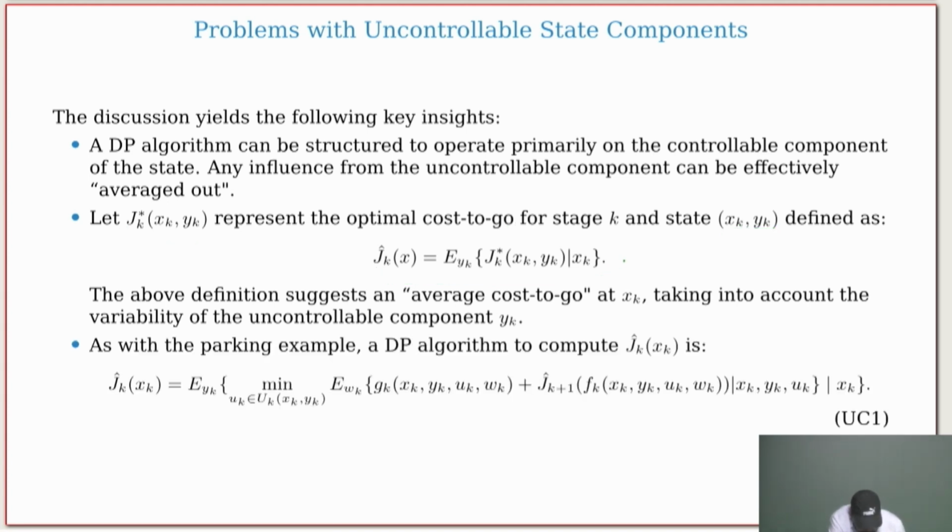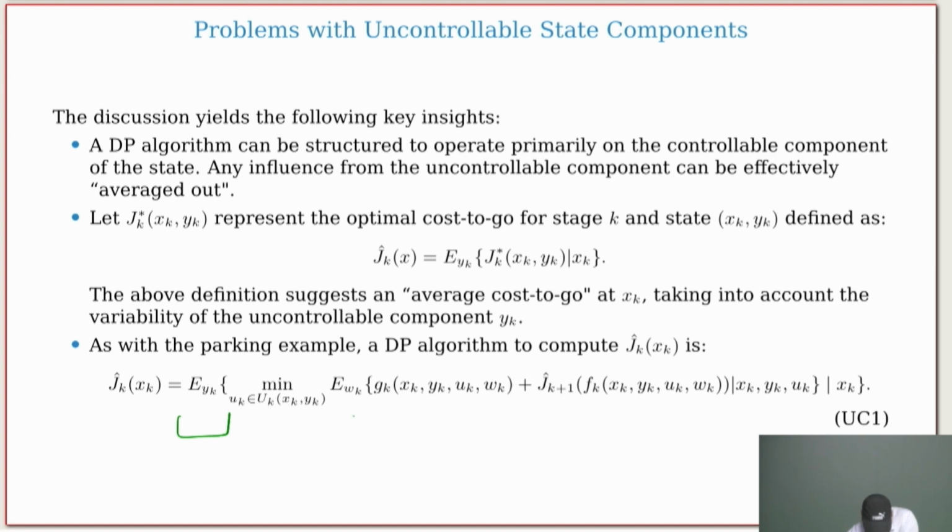So as with the parking example, a DP algorithm to compute Jk(xk) will be given like this. Here, from the outside, we have the forecast, and we are taking the average over the possible forecasts.